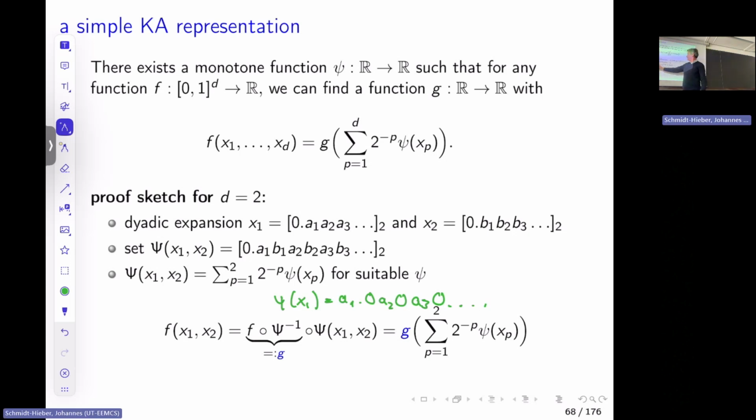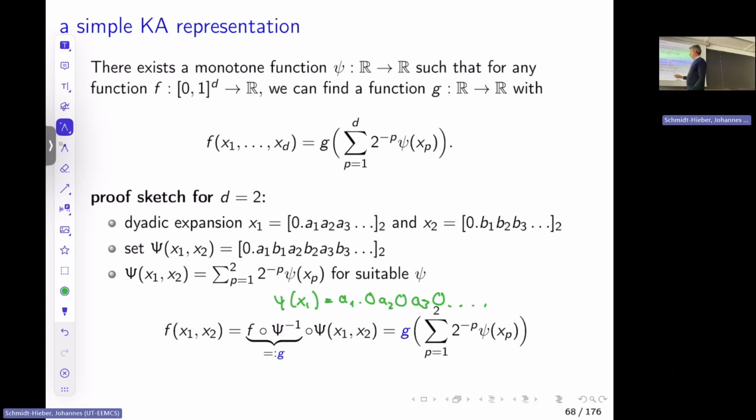If I multiply with 2 to the minus 2, this shifts by 2 positions, but those are these empty positions, and then you can fill in the second variable here, right? Clear? Okay, good. So that means this psi can be written as an additive function.